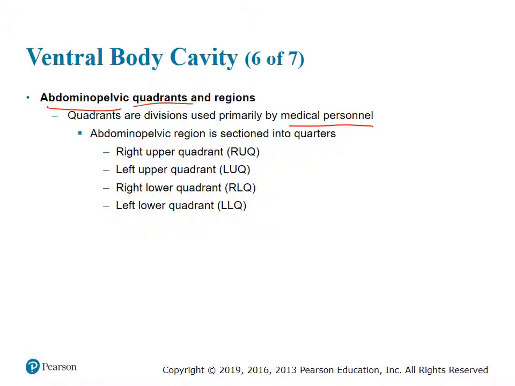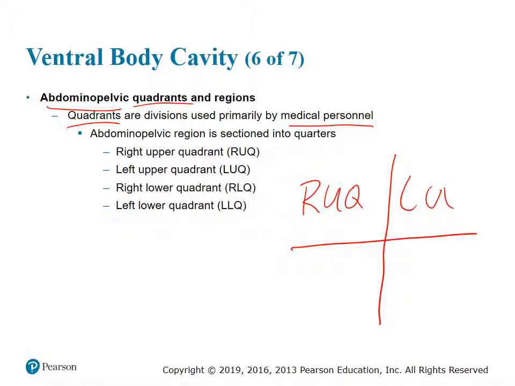And we first do this using quadrants, and quadrants basically means quarters, or dividing the abdominal pelvic cavity into 4 sections. And these are your quadrants here, right? Obviously, that's in anatomical position.